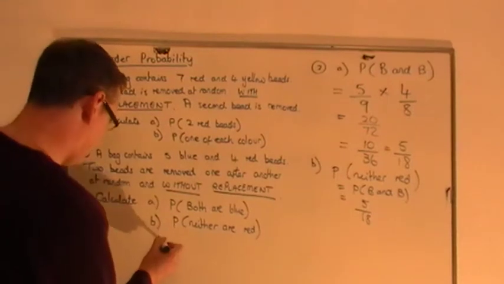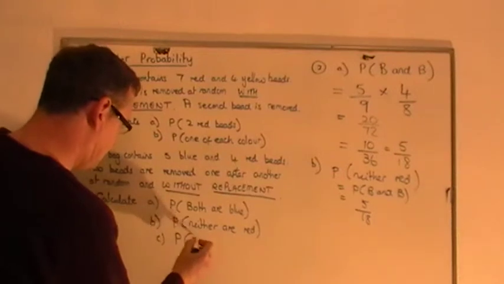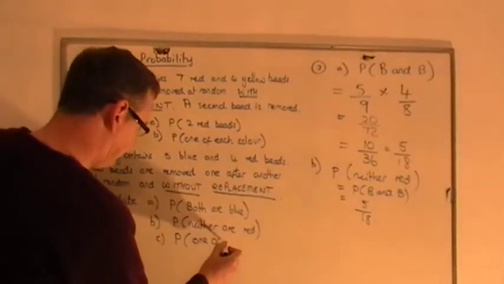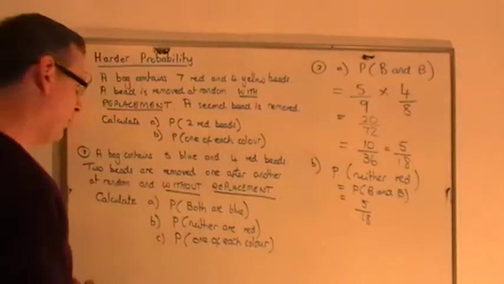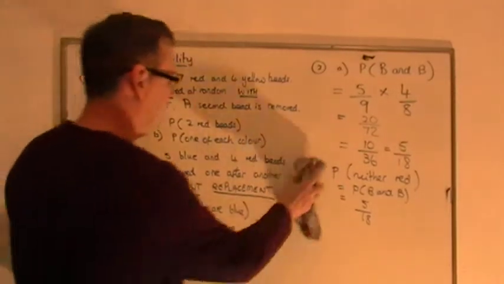Let me add a part C to this whilst I'm doing it. How about probability of one of each colour again? Like so. One of each colour. Okay, now I'll make some space and do this as part C here.